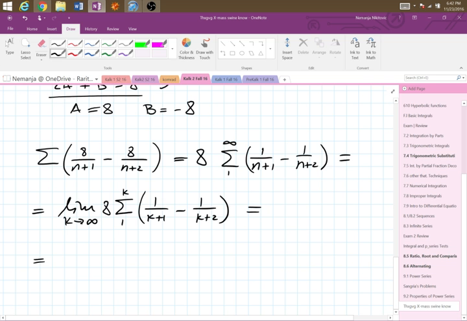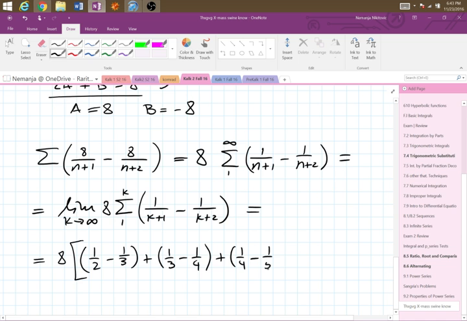Now we compute the first term, so we have 8, and then with n equal to 1, that's 1/2 minus 1/3, plus 1/3 minus 1/4, plus 1/4 minus 1/5, plus 1/5 minus 1/6.